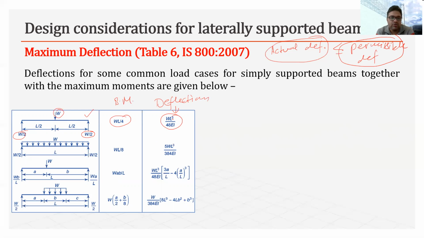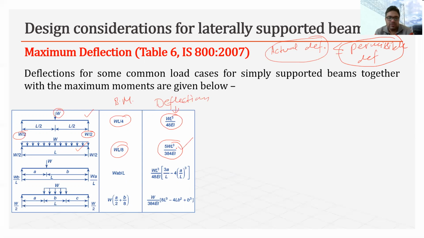Here, W is the load, L is the effective span, E is Young's modulus of elasticity, and I is the moment of inertia of the beam section. Similarly, if the beam is carrying a UDL over the whole span, the bending moment will be WL by 8, and the maximum deflection can be calculated using this formula, which is 5 WL cubed by 384 EI.